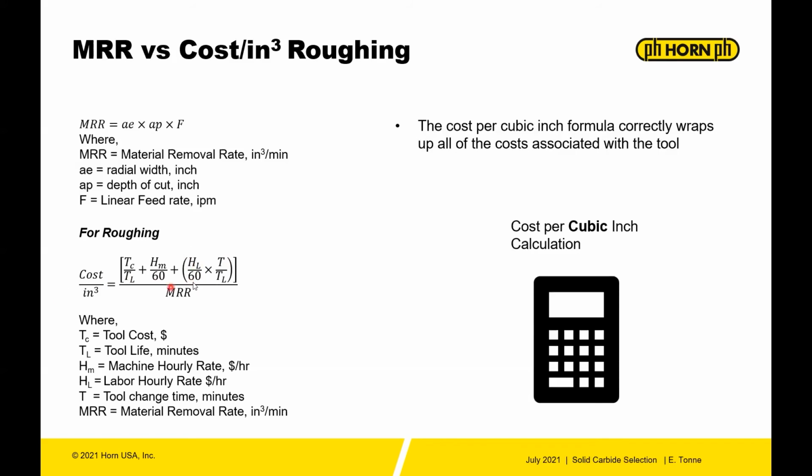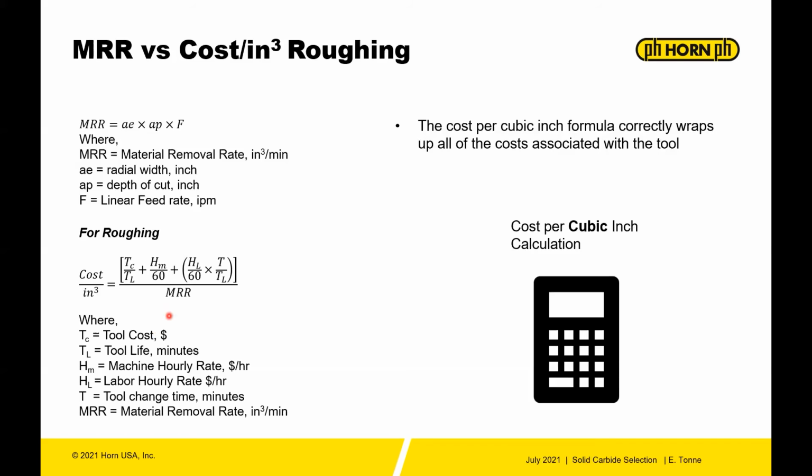So you're just putting all the terms in terms of minutes. And then you have your tool change time divided by your tool life in minutes. So boil that down and you end up with a very good assessment of a tool.